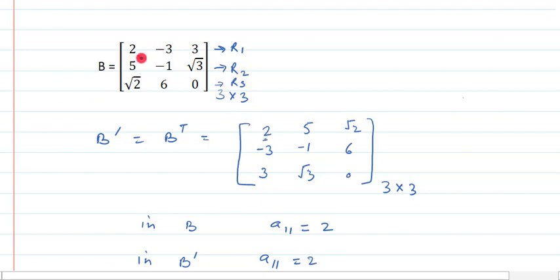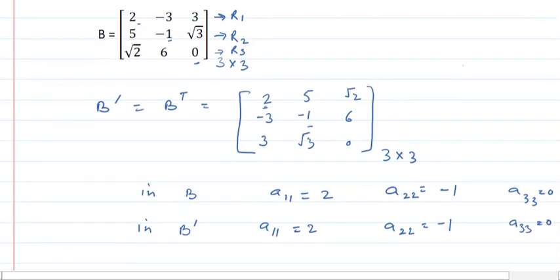Now let me write the a22 element. The a22 element is minus 1 in B and minus 1 in B dash also. It is the same, minus 1 in both. Here element a33 is 0 in both the matrices. So a33 remains 0 in both matrices.